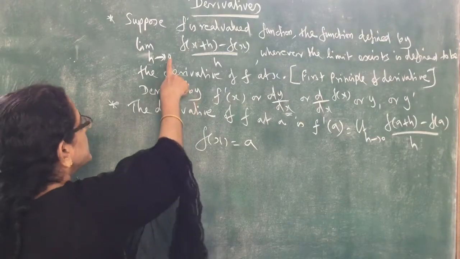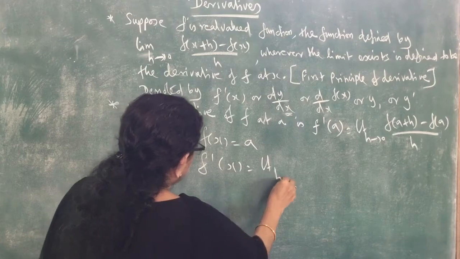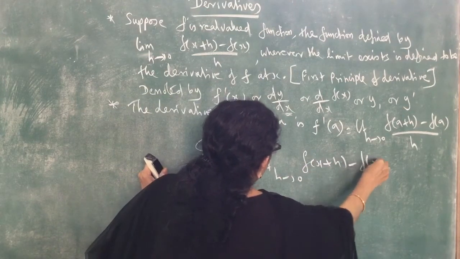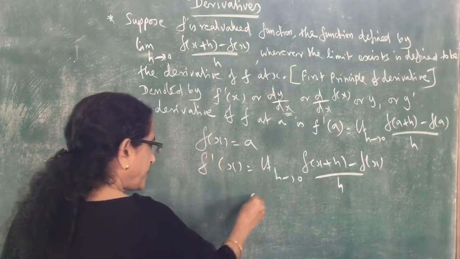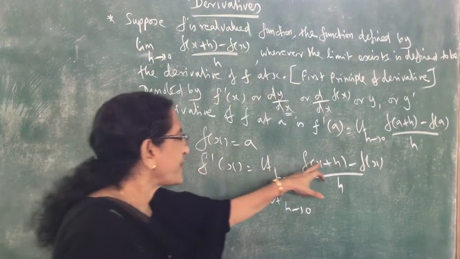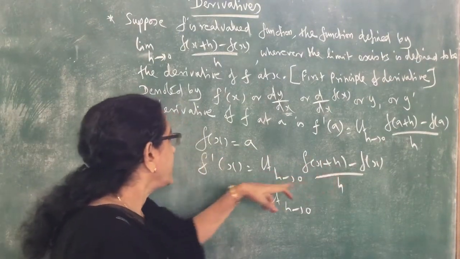For that, first write the definition: f dash x equal to limit h tends to 0 of f of x plus h minus f of x by h. Now we have to substitute the values.